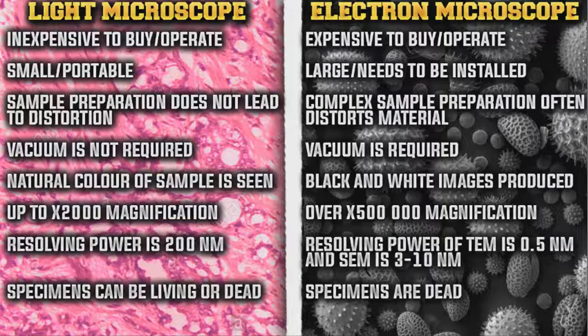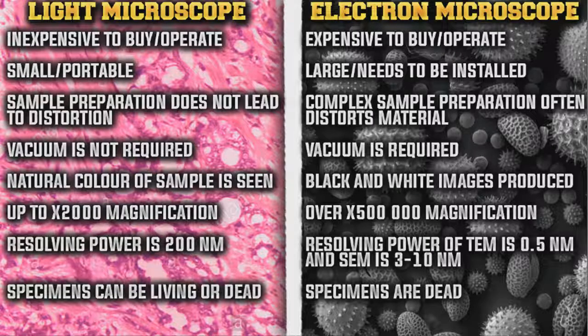On this slide we're going to be comparing light microscopes and electron microscopes. The light microscope is inexpensive to buy and operate. It's also small and portable. It's really easy to prepare, so when you're preparing your sample it doesn't get any distortions or artifacts, meaning you can get a really clear image that is precise and accurate to what it should look like.